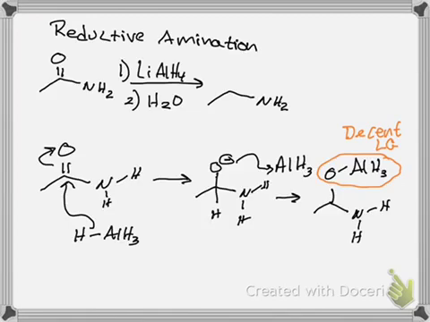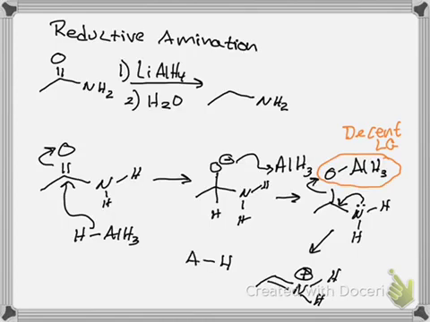So that is exactly what happens when this nitrogen pushes down its pair of electrons and knocks that off, which results in this. And then another molecule of lithium aluminum hydride will attack that imine carbon now and break open the carbon-nitrogen pi bond, and what you wind up with is the amine.